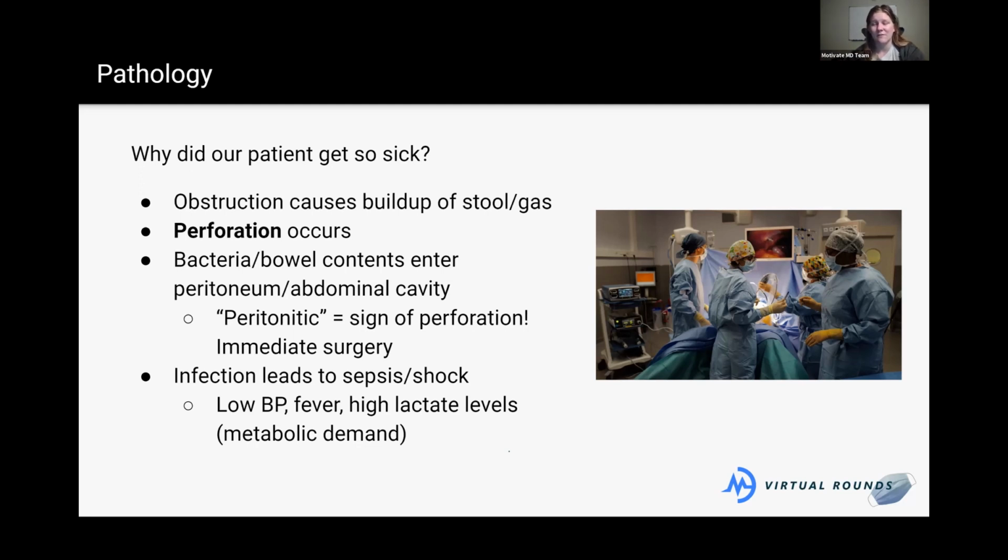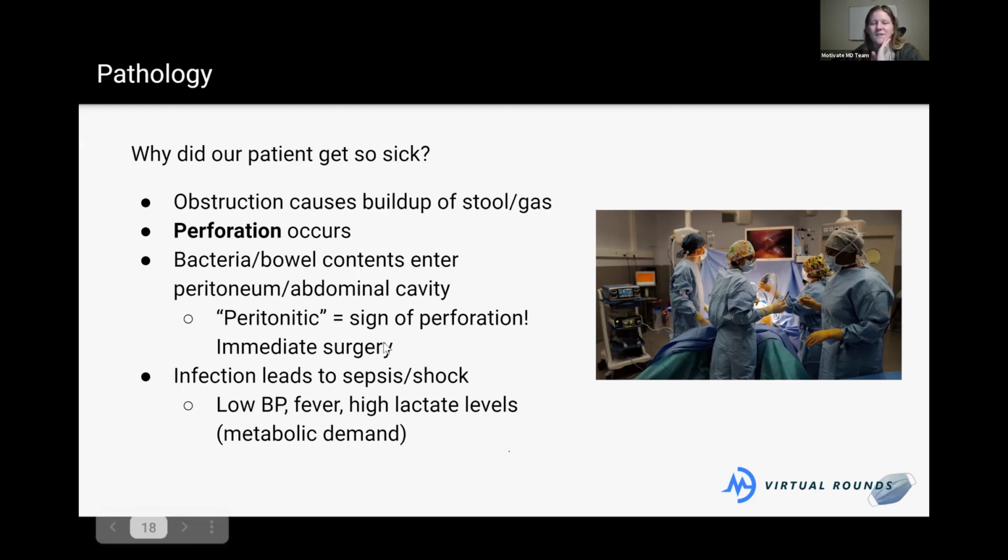Then you get stool and bacteria and all this nasty stuff sitting in your peritoneum, which is supposed to be a sterile space. That's when you get signs of peritonitis and infection. So did I cover everything on here?